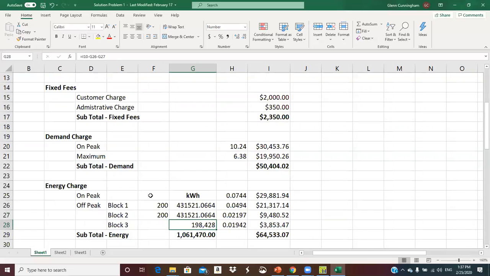So what you can do is take that 1,061,000 and subtract off these other two blocks, and it leaves 198,428 that I haven't paid for, and I get to pay for those at 1.942 cents each. So I'll multiply that out. It's another 38.53. So you add up all of this, and that's the energy subtotal. On peak plus these three are the off peak. That's 64,533. Okay?